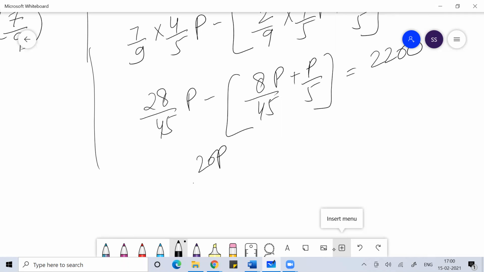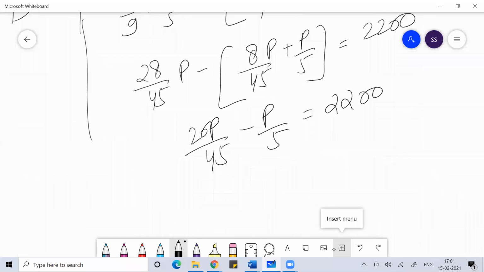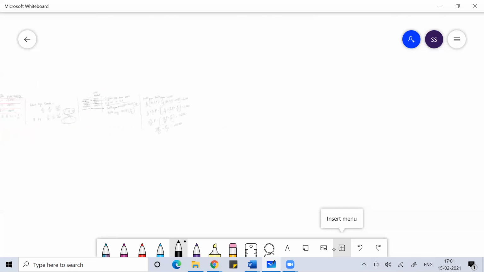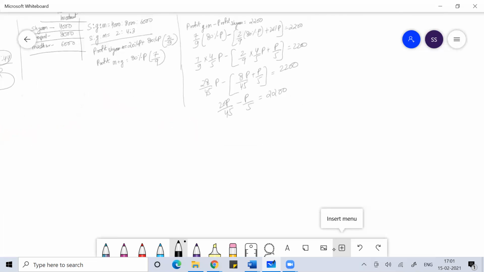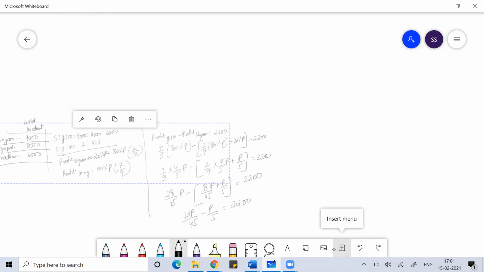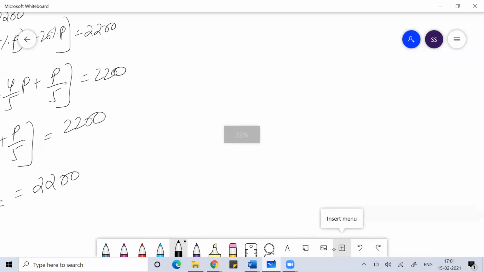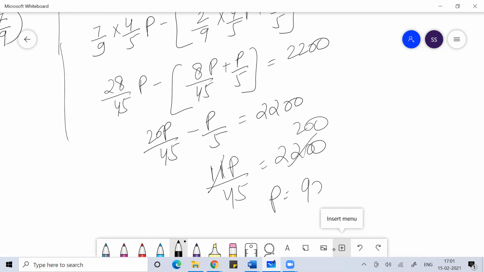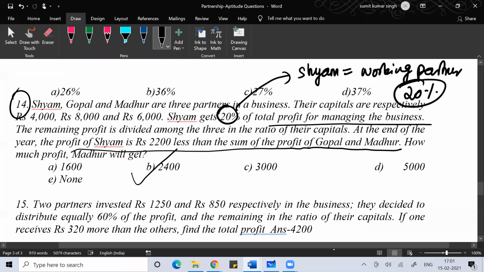So this is 20p by 45 minus p by 5 is equal to 2200. If I take LCM 45, I can write 11p by 45 equals 2200. So the value of p is 9000. That is the value of p.